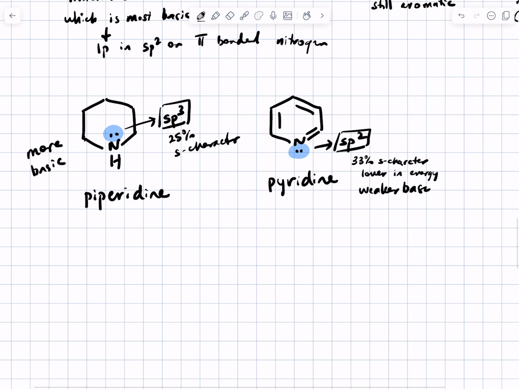And it turns out that difference is actually reflected in the pKa's of the conjugate acid. If you look up the pKa for pyridine, the conjugate acid, it's 5.3.